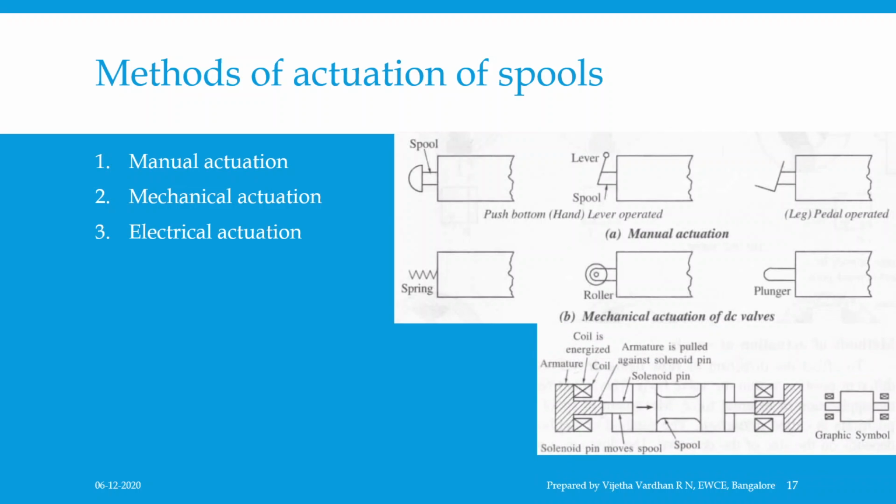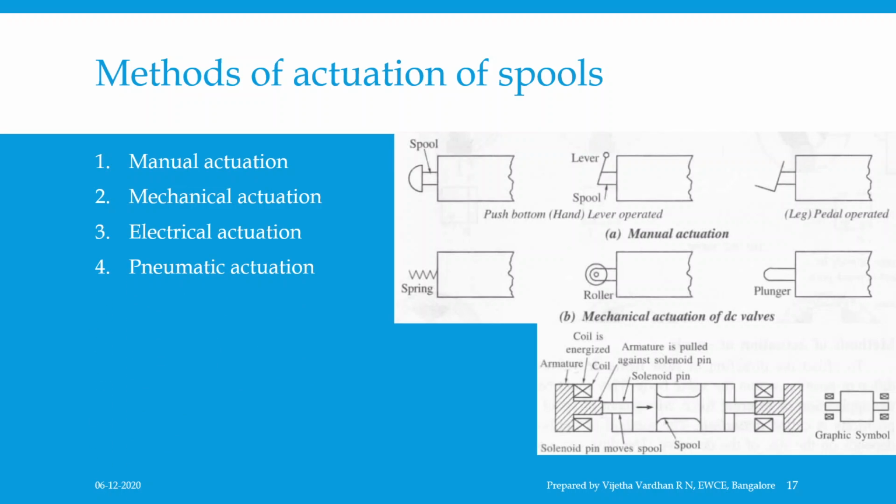A solenoid is made up of two basic parts, a coil and an armature, which you can see in the figure. Applying electrical signals to the coil creates a magnetic field, which attracts the armature towards it. The armature in turn pushes the spool or the solenoid pin, which is connected to the valve spool stem.